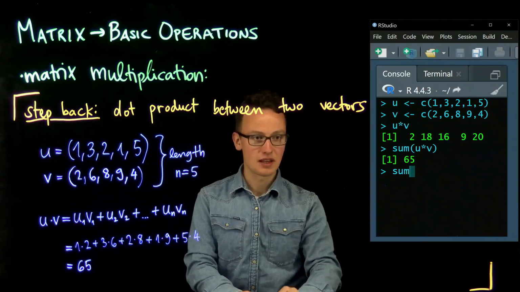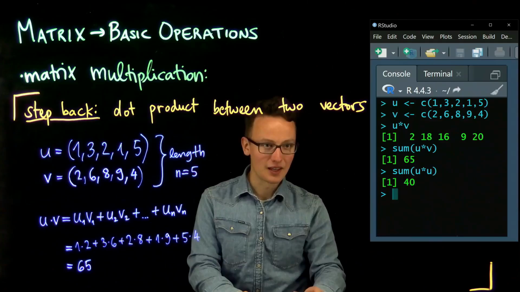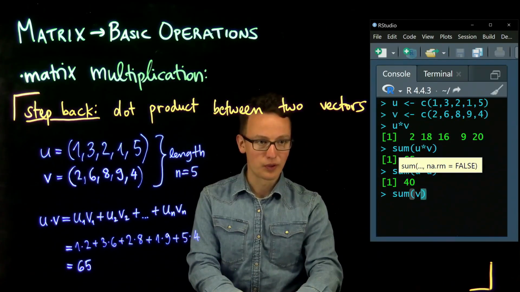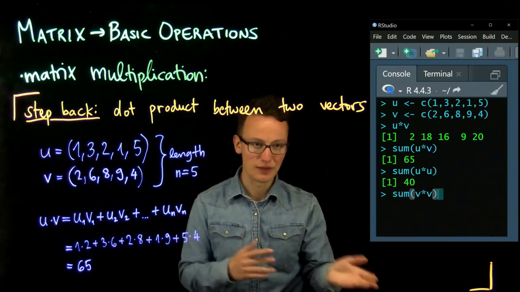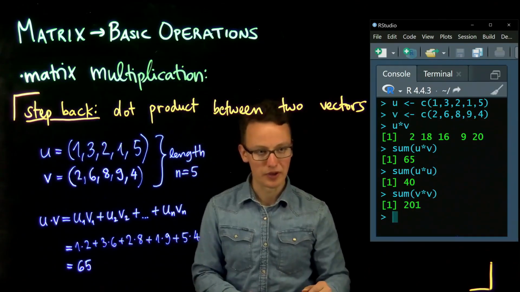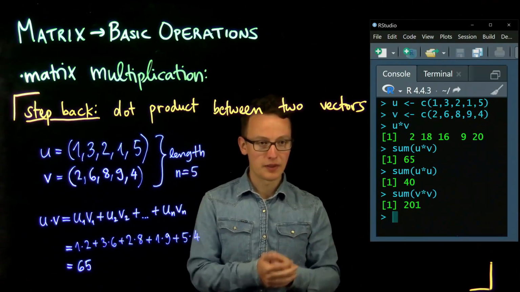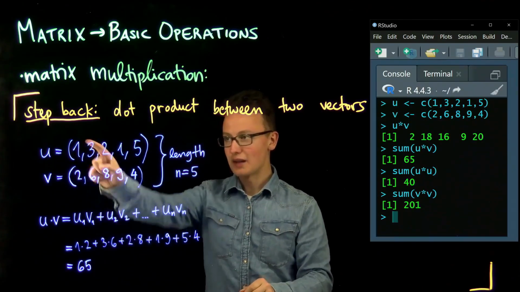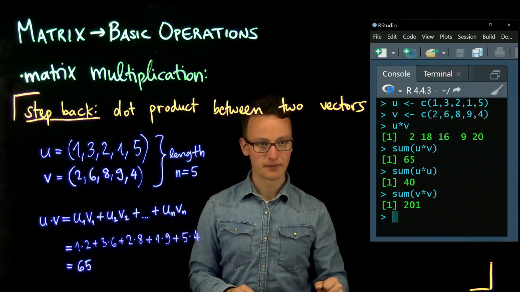So I can also just take the dot product of u and u, that would be 40 in this case, or I could do the same thing for v and itself, and this would give me 201. All right, so the dot product in summary is always a number, and this number comes about as the sum of the individual element-wise products between two vectors.